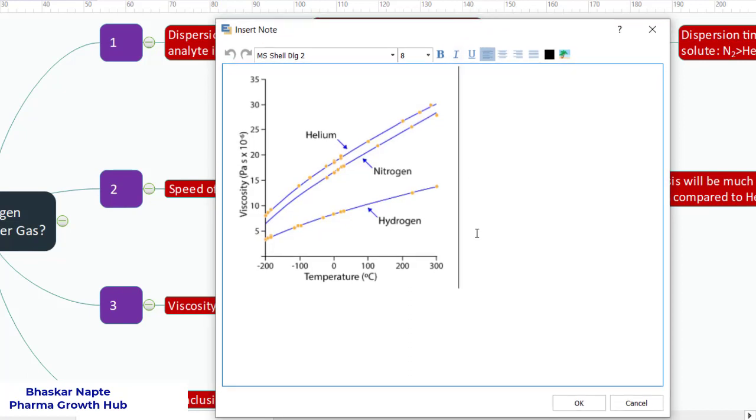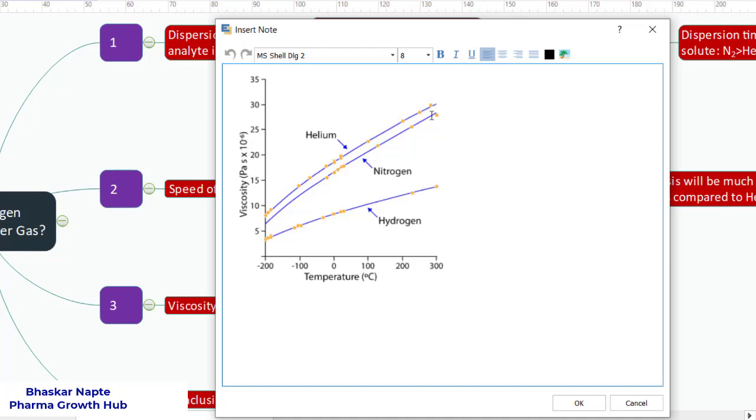If you look at the viscosity of hydrogen, you will find that there is not much change with the change in temperature. But if you look at the viscosity change in nitrogen and helium, you will find they are much higher with an increase in temperature. So the viscosity of the carrier gas increases with the temperature.